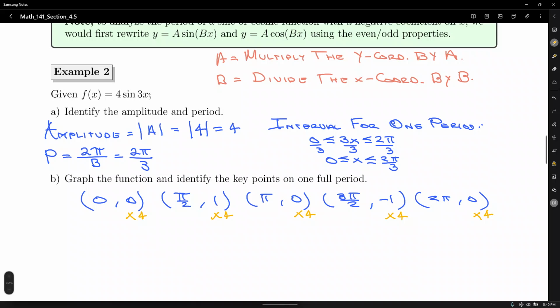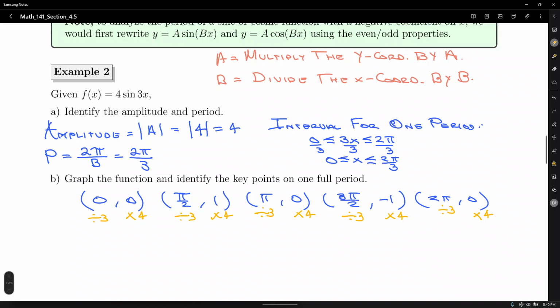And for b, divide the x coordinates by b, which is 3. I'm going to denote division by 3 for each point, and one more division by 3.